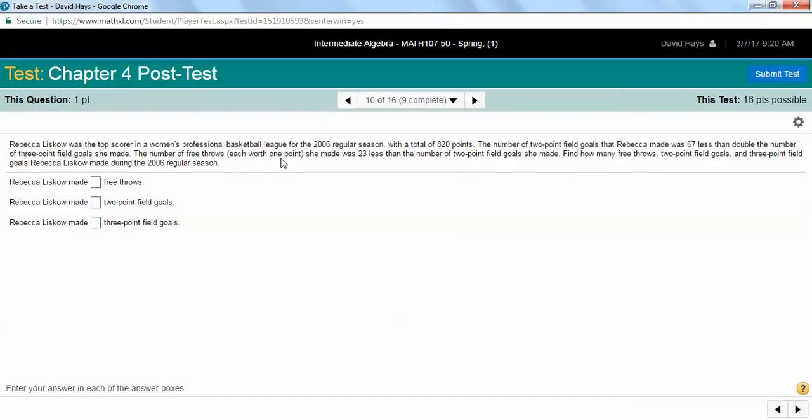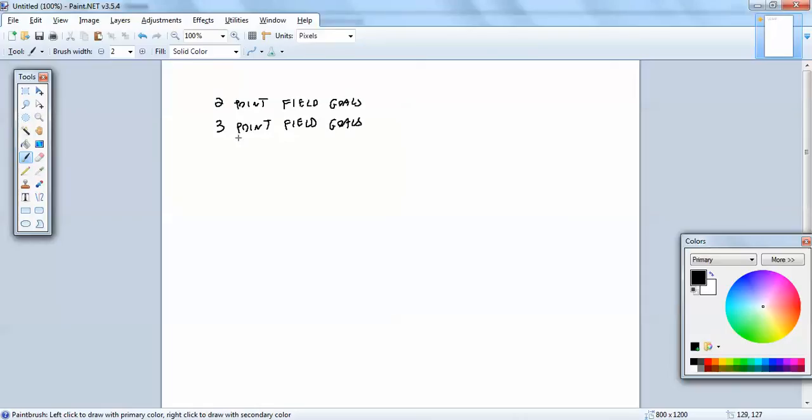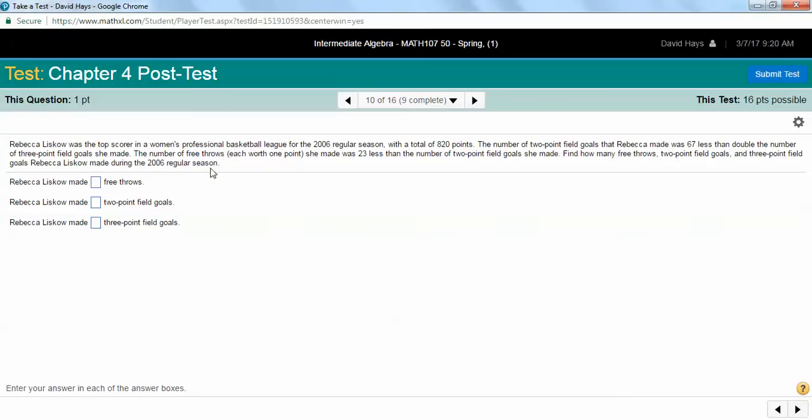The number of free throws, each worth 1 point. Free throws. Okay, so we got free throws. Find how many free throws, 2-point goals, and 3-point goals Rebecca made during the 2006 regular season.